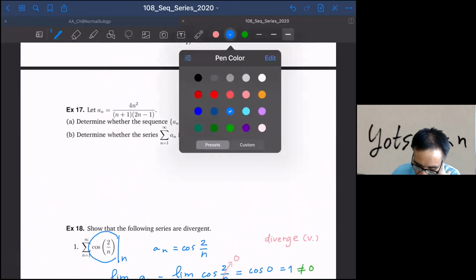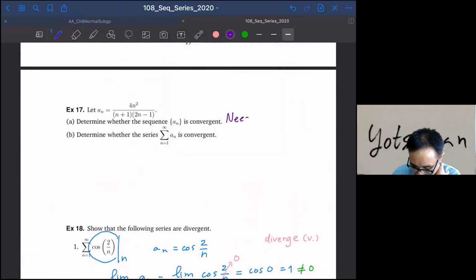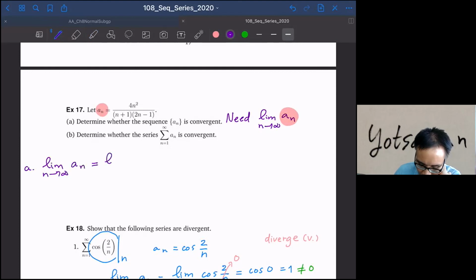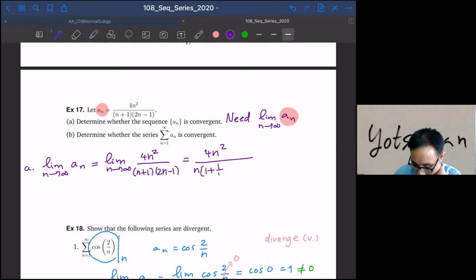For number 1, you need the limit as n goes to infinity of a_n. That is the limit as n goes to infinity of 4n squared over n plus 1 times 2n minus 1, which is 4n squared over n times 1 plus 1 over n times 2 minus 1 over n.